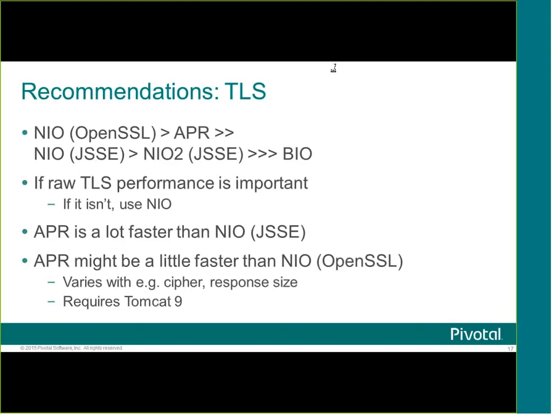Probably APR in terms of performance for TLS. Unless you're seeing stability issues, there really isn't a good reason to use NIO and NIO2 with JSSE. Once you get to Tomcat 9, then NIO and actually NIO2 with OpenSSL both become viable alternatives to APR, and you really are back into which one works best with my application.